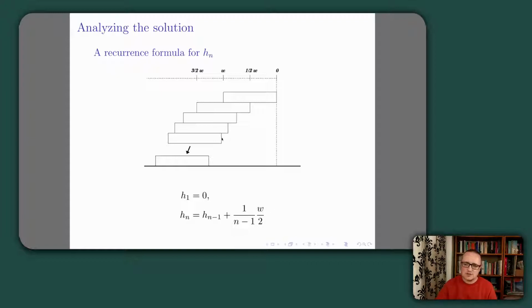We need to average it, and it only carries a weight. The location of the center of gravity of the n-1th block, the one just above the bottom block here, is halfway along its width. That W over 2, the increase to the center of gravity given by this next block, has to be weighted by 1 over n-1 in order to calculate the location of the center of gravity of the top stack of n-1 blocks. So by applying these physics principles, we can achieve this nice recurrence relation for the overhang Hn.